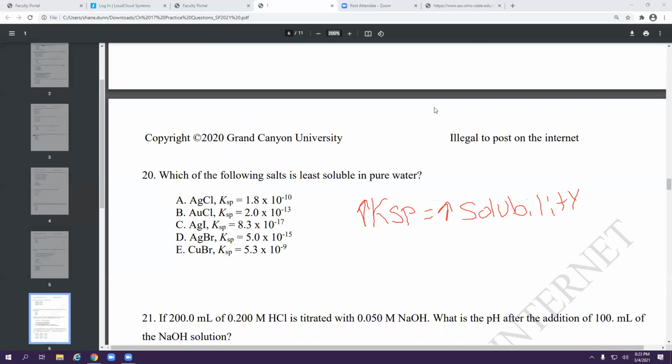Which one has the smallest KSP value? 10 to the -17th. So nope, nope, nope. C is the answer. Does that make sense? Because the higher KSP is, the more soluble you are, right? So the one with the lowest KSP is the least soluble in water. Does that make sense?